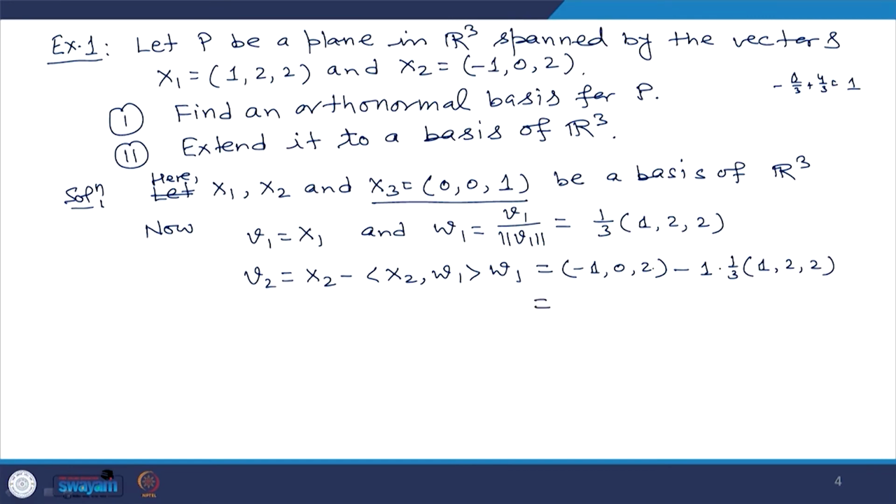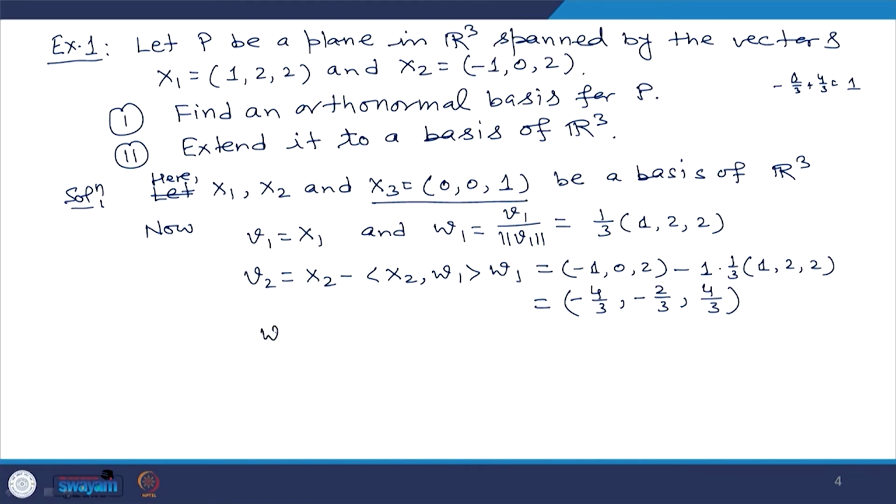So, minus 1 minus 1 by 3, so minus 4 by 3; 0 minus 2 by 3; and then 2 minus 2 by 3, so 4 by 3.